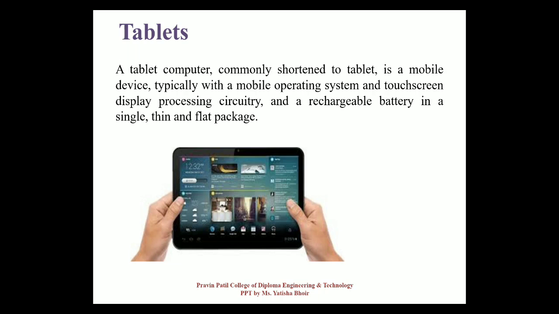It has display processing circuitry and a rechargeable battery in a single thin and flat package. It has a rechargeable battery, like mobiles have batteries. So like that, tablets also have a rechargeable battery, means you can recharge a tablet by using batteries or by using chargers also. Nowadays chargers are also available.